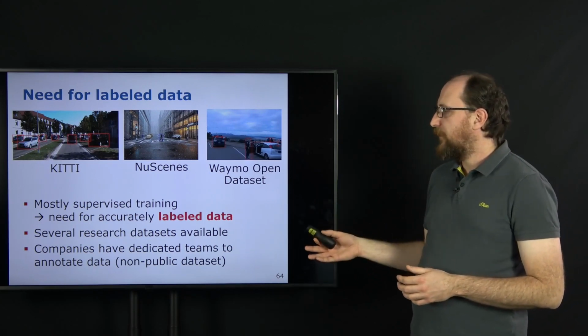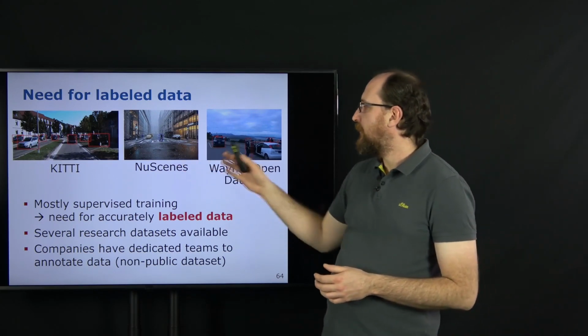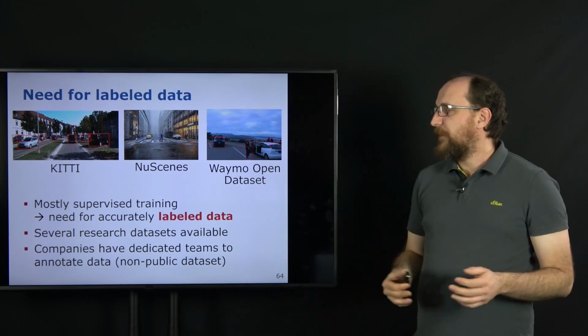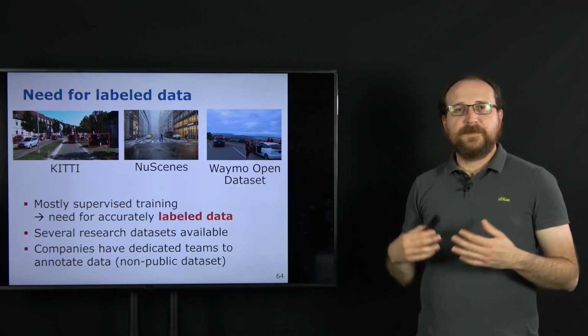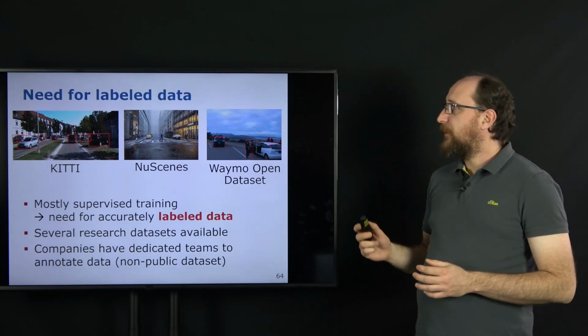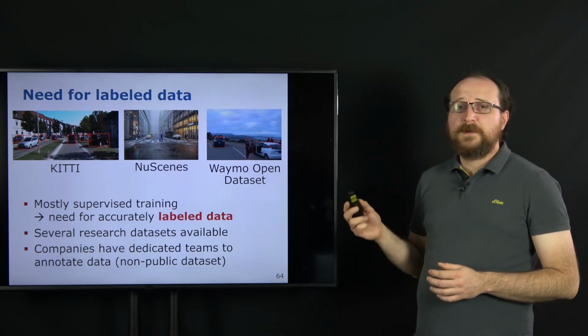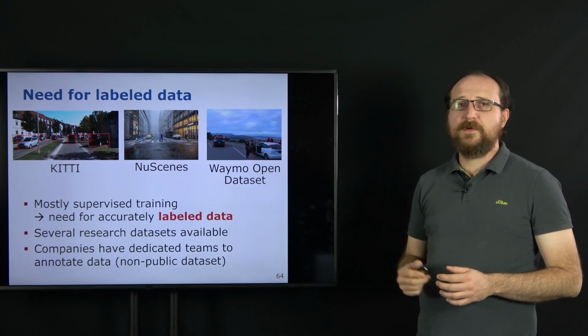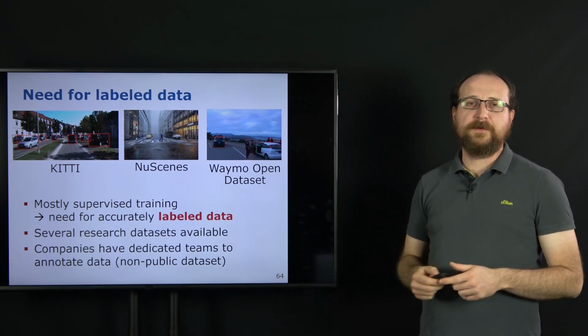There are several research datasets available, such as KITTI, nuScenes, and Waymo, but also companies produce a lot of annotated data with dedicated teams. This is one thing to note here: we need a lot of annotated data.